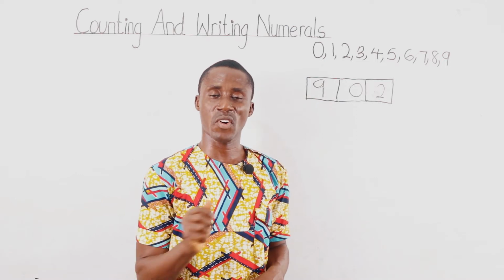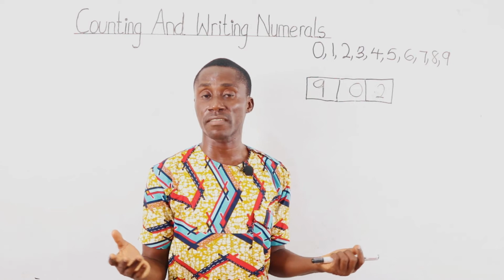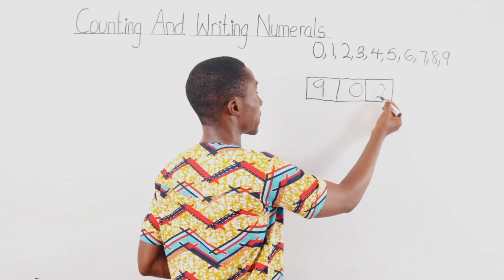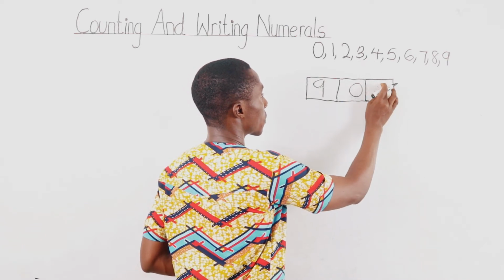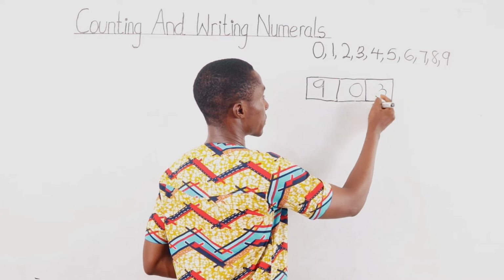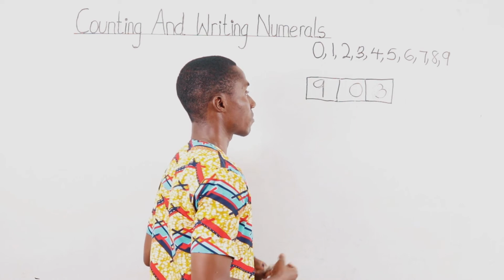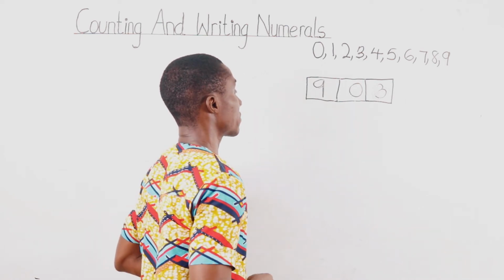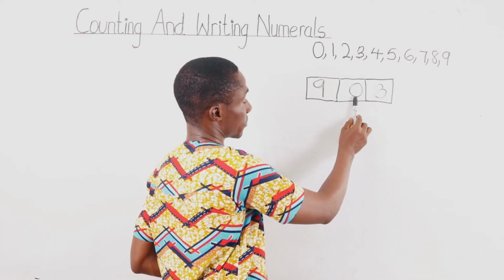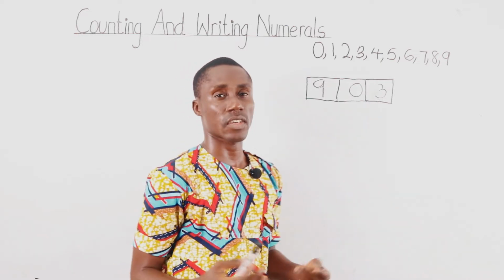We add 1 more orange to the 902 oranges, and the value in the first number place will increase to the digit 3, and therefore we will write the digit 3 into the first number place, and that will give us 9 hundreds, 0 tens, 3 ones, giving us the number 903.